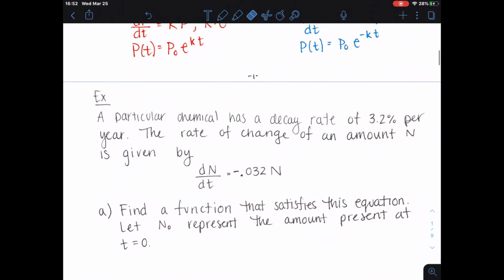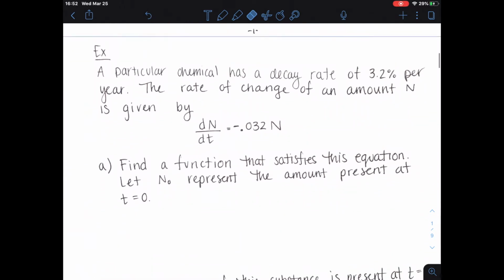So let's look at an example. A particular chemical has a decay rate of 3.2% per year. So the rate of change of the amount N is given by this differential equation. So the rate of change of this chemical with respect to time is it's decreasing. So it's negative 3.2% of the previous amount. So we want to see a function that satisfies this equation. And since it's in that form, you get the initial amount of the chemical times e to the negative 0.032t.